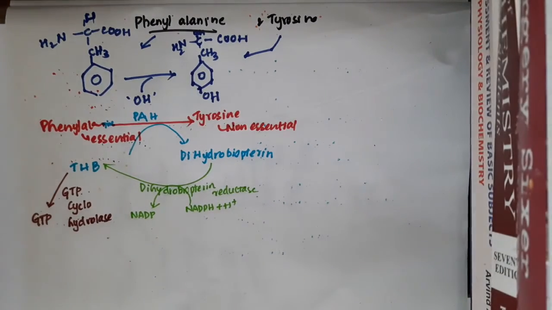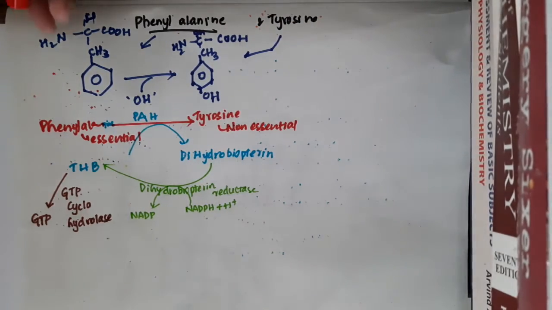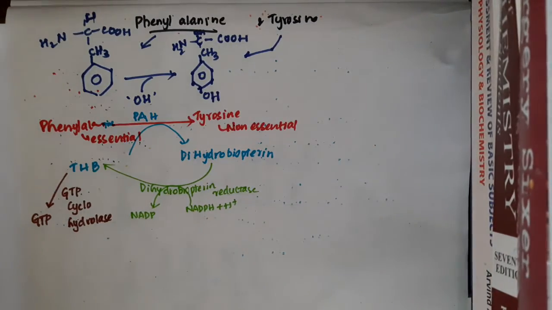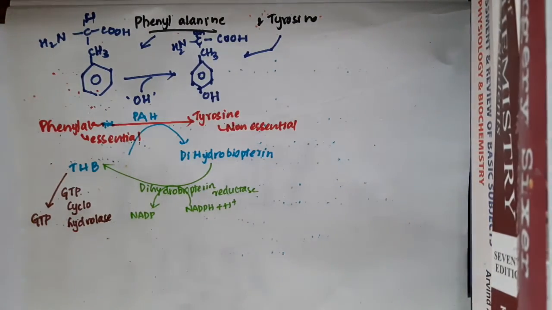Phenylalanine, which is an essential amino acid, is obtained from diet. This phenylalanine, in the presence of phenylalanine hydroxylase, forms tyrosine. Tyrosine is a non-essential amino acid, and during this process, tetrahydrobiopterin gets converted to dihydrobiopterin.